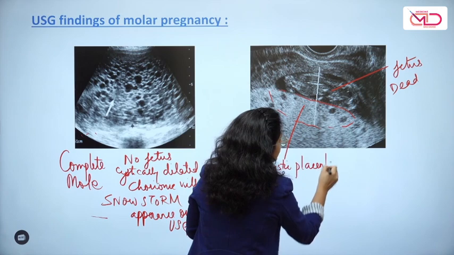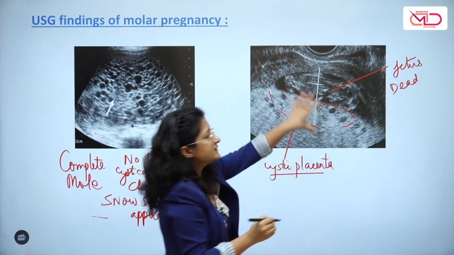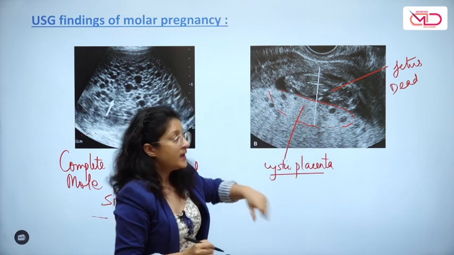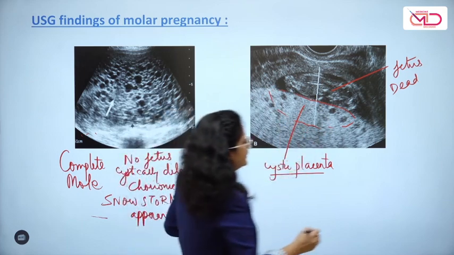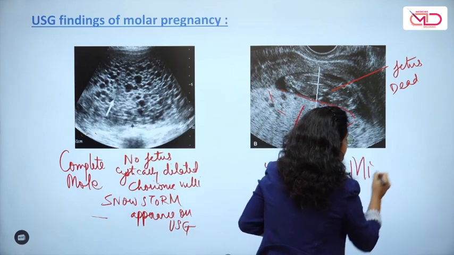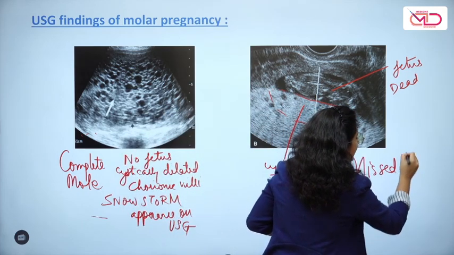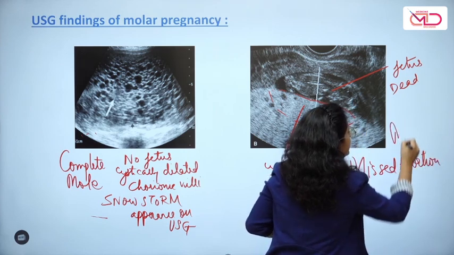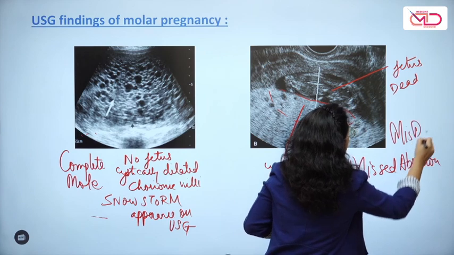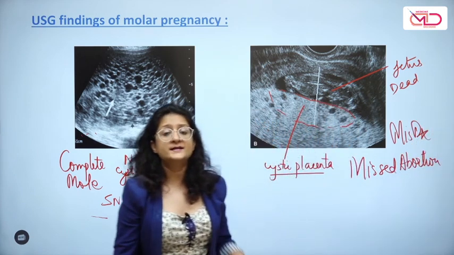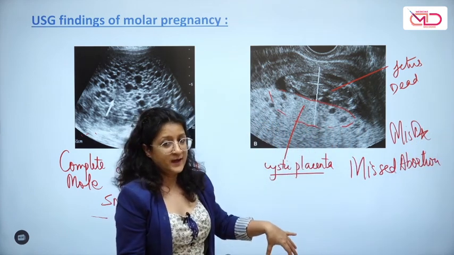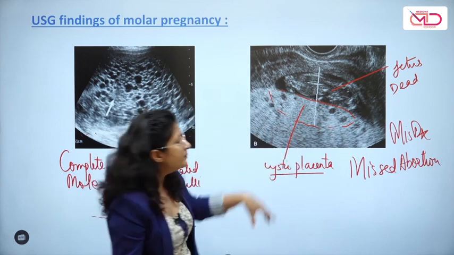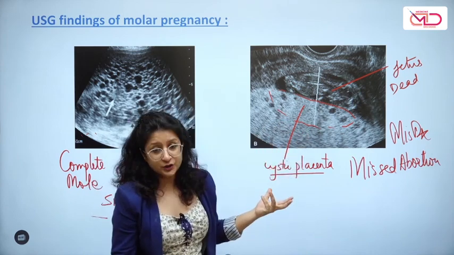Now, if this is the ultrasound report, this will often be labeled as missed abortion. At the end of the ultrasound, this will often be mislabeled or misdiagnosed as a missed abortion. What is this? This is probably a case of partial mole.